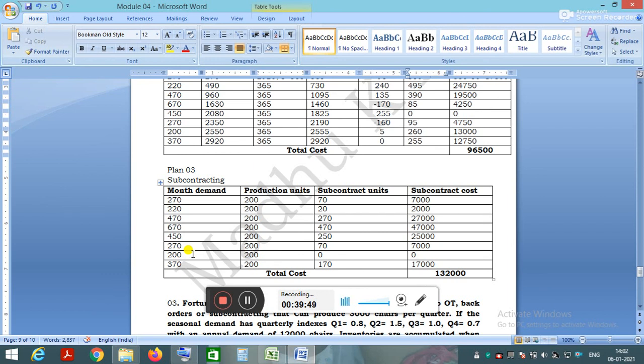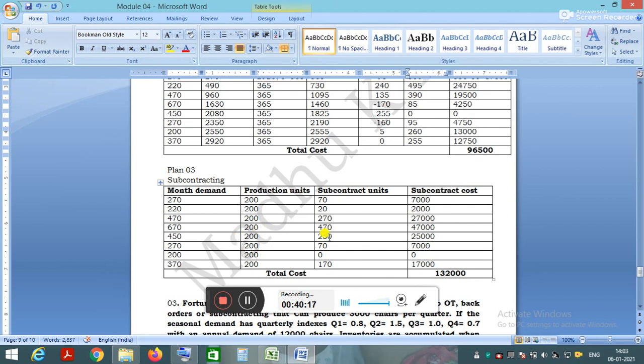In subcontracting, he assumes that the company is able to produce 200 products, which is the minimum for each month, and we will subcontract the remaining quantities. 270 minus 200 is 70, 220 minus 200 is 20, 470 minus 200 is 270, 670 minus 200 is 470, 450 minus 200 is 250.